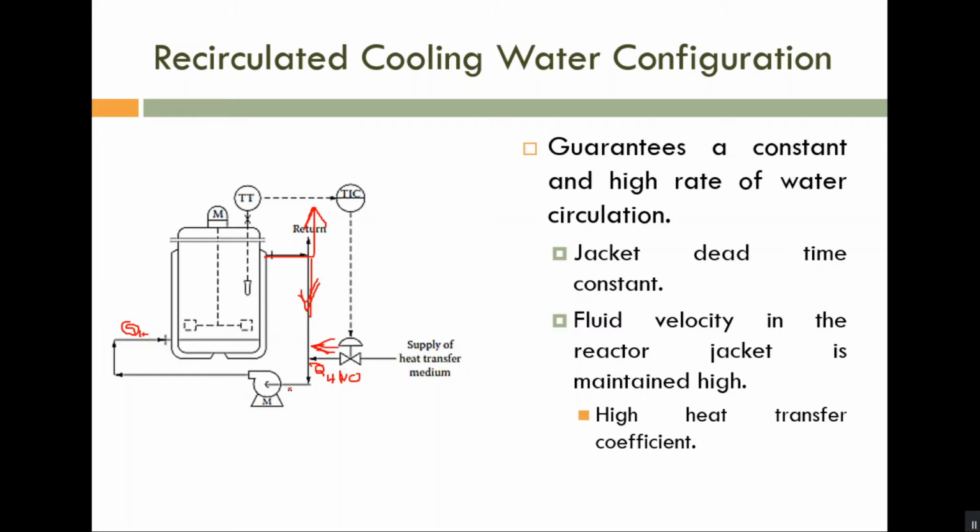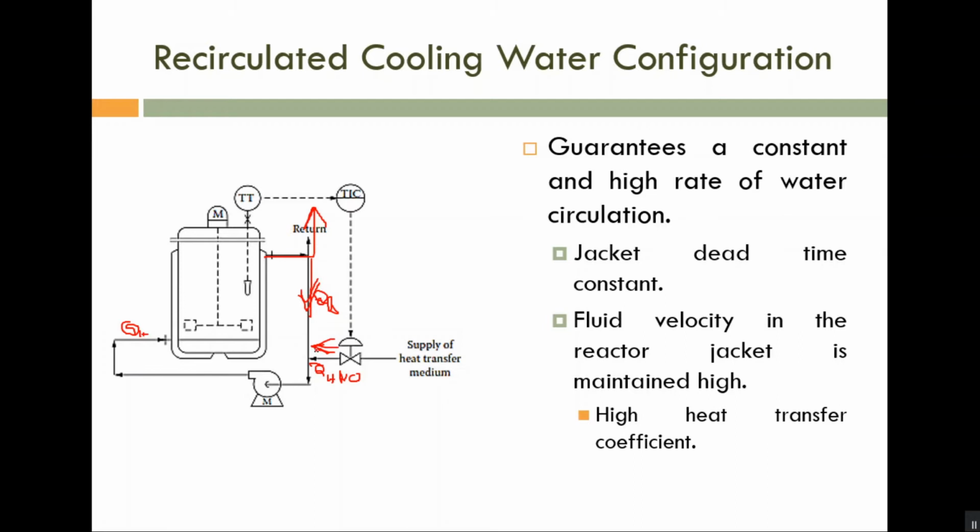You can see that we are taking this, so we can call it QR. QR means flow rate of return, the recirculation. You can see that this is taken from this return. An important thing is, what is the return? The outlet side of this heat transfer medium.